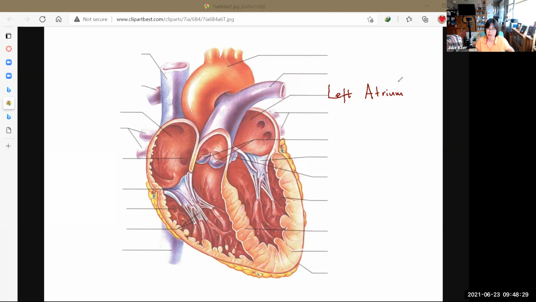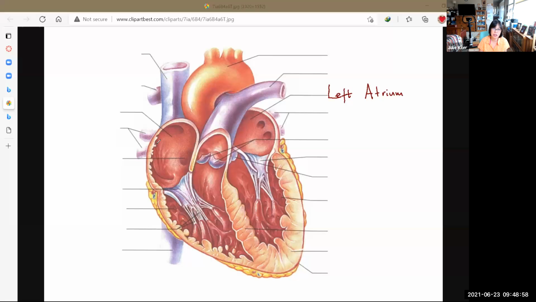Yeah, you got it. Okay. Now, what is this chamber here? I just want to make sure what they meant. Right atrium. Yeah, the top part is atria. The bottom part is ventricle.